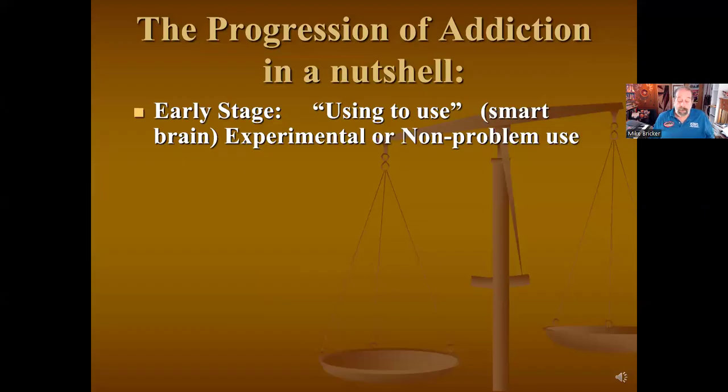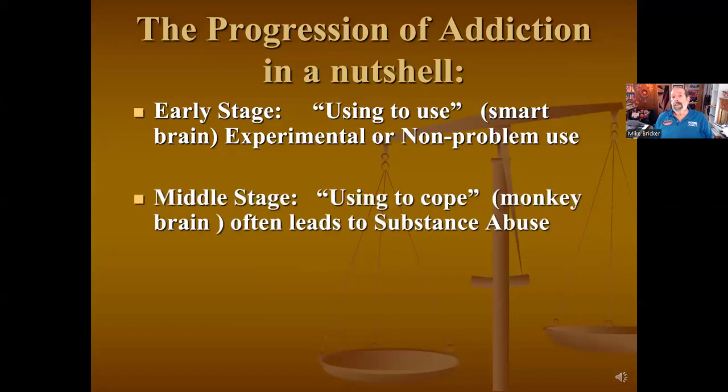They can control their behavior, and it really isn't a problem until we begin to discover that our drug, our addiction, is a pretty nifty coping skill. And so when I'm feeling bad, I begin to use my drug or my addiction, my addictive behavior, to feel better.